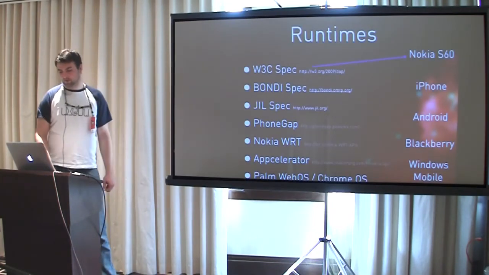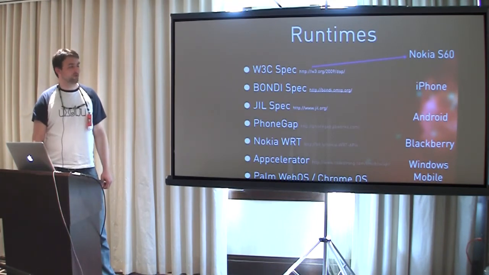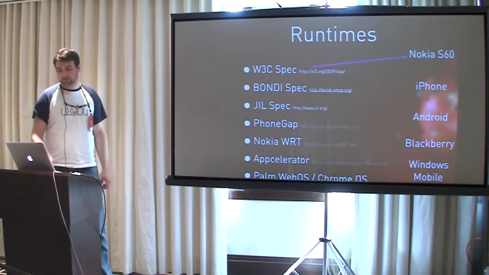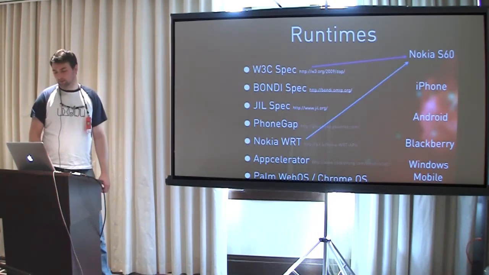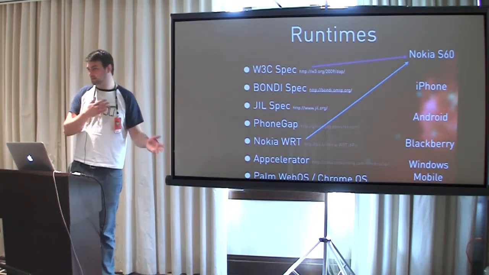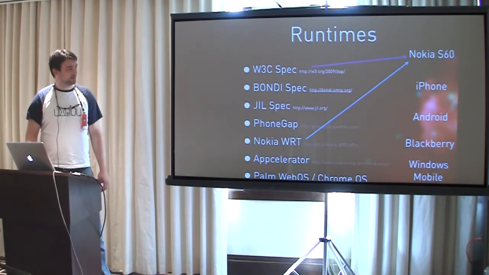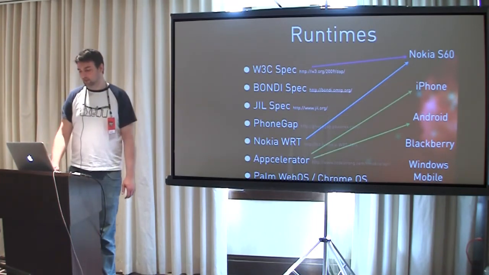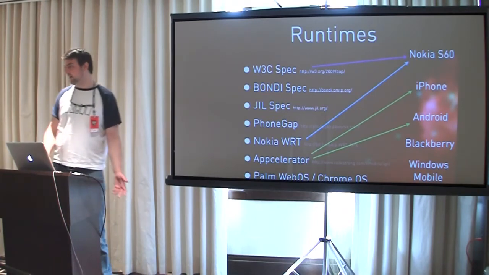So when you really look at which platforms or phones support the different standards, as you can see, the W3C spec is supported by a Nokia runtime. Then, of course, Nokia WRT. They have had that standard for several years. It's also running on a Nokia S60 device. Then there's Accelerator. They currently support iPhone and Android.